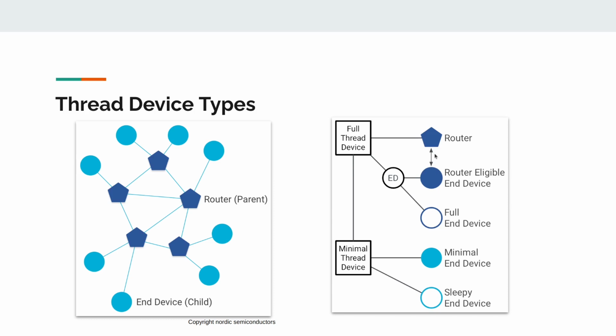Full thread devices can be an end device as well, but usually those have a bit more power or resource consumption, and based on how the structure of the network is, it's a mesh network, so it can change. So a full thread device can upgrade itself, or the network can upgrade it to a router or router eligible end device.